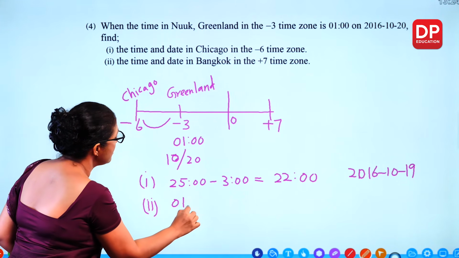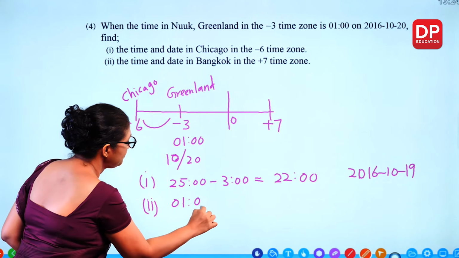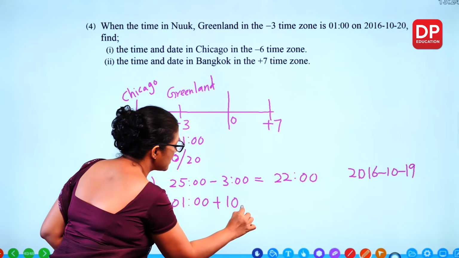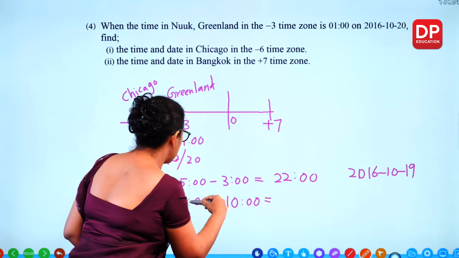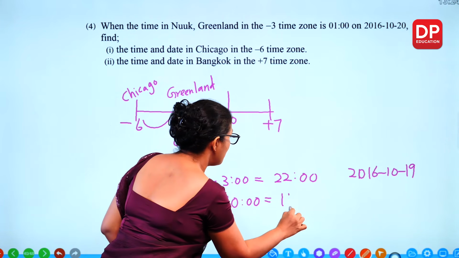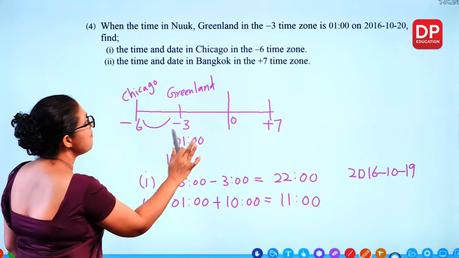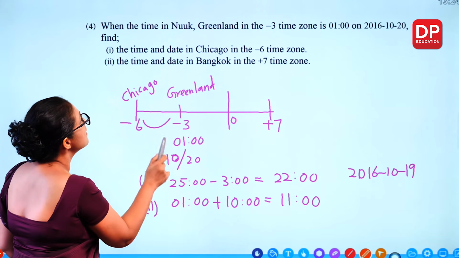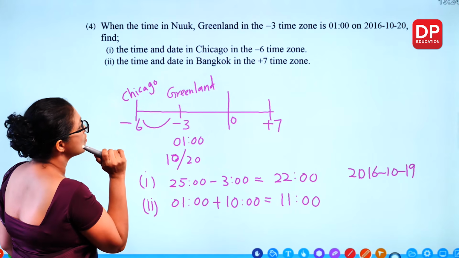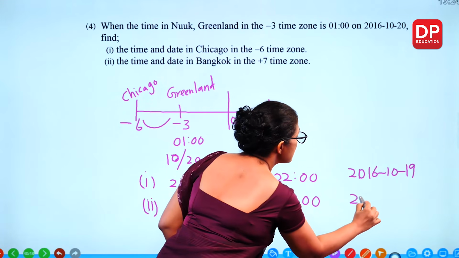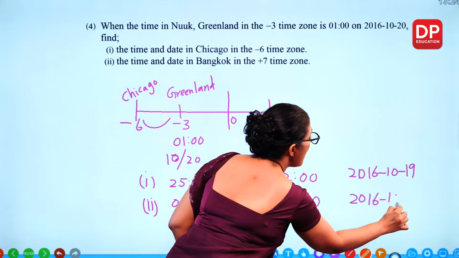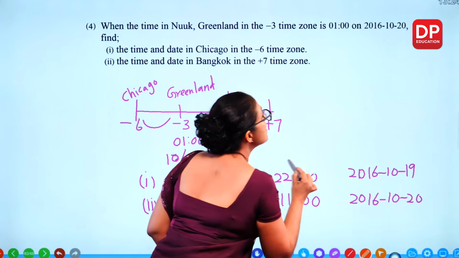So 1 plus 10 hours. You get 11 in the morning. So 11 in the morning, same day as Greenland. So that's 2016, 10 and 20.